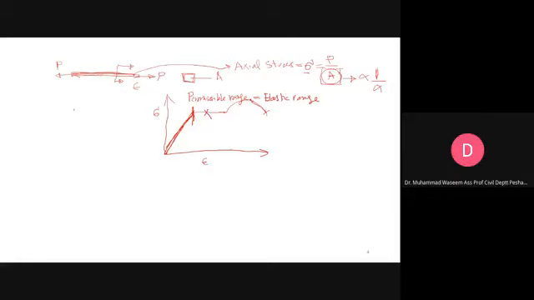Okay, so this is ASD. In ASD, we divide the resistance of the member by a factor of safety.